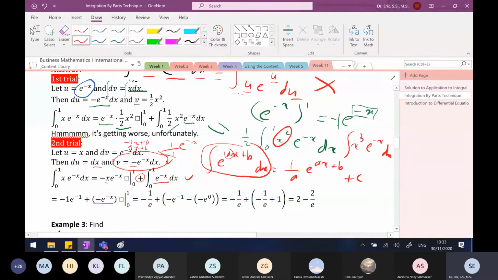Parenthesis. So you have this, I can tidy it up, minus this, plus minus this, plus 1. So you have 1 minus 1 over e, 1 minus 1 over e. So you have 1 minus 2 over e.